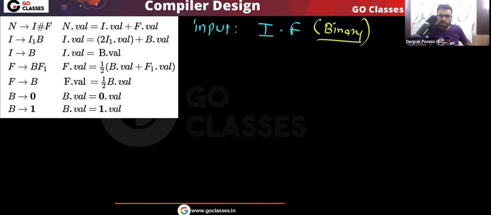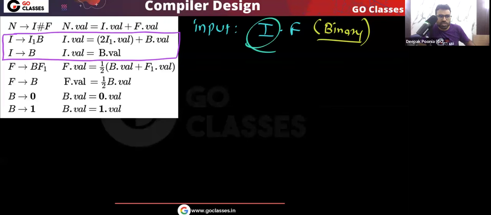And in these two rules, we are converting the integer part to decimal. One by one, let's discuss.